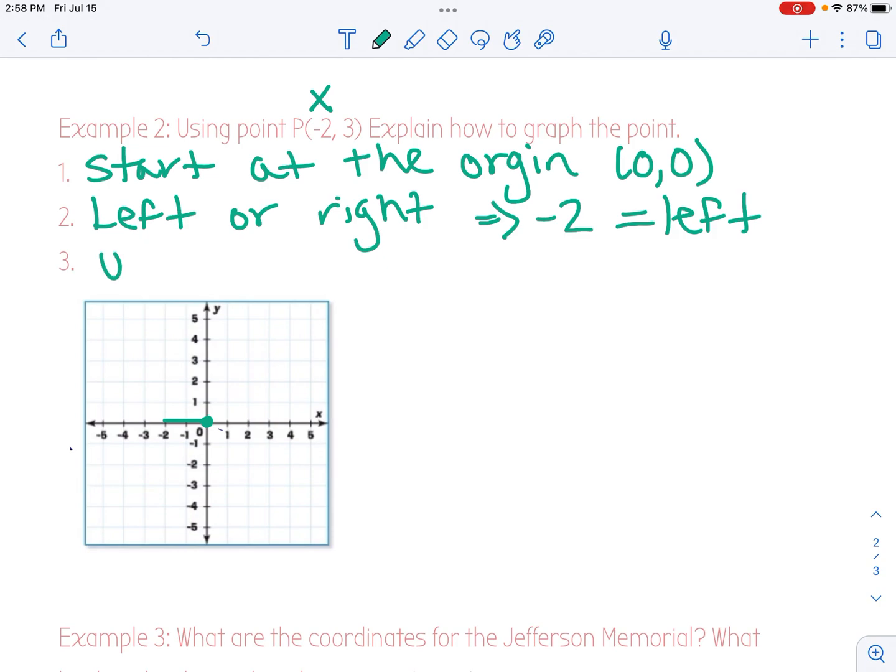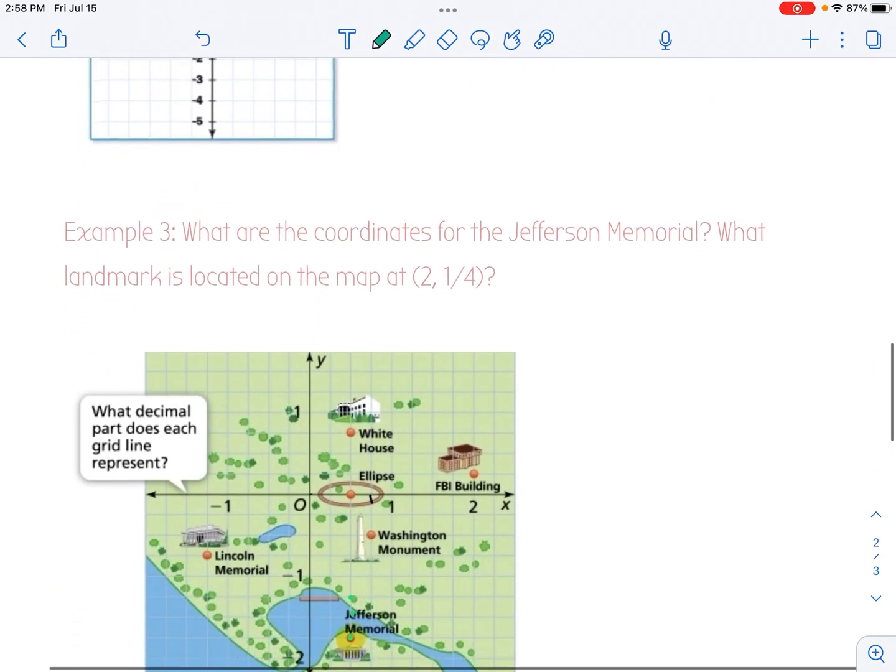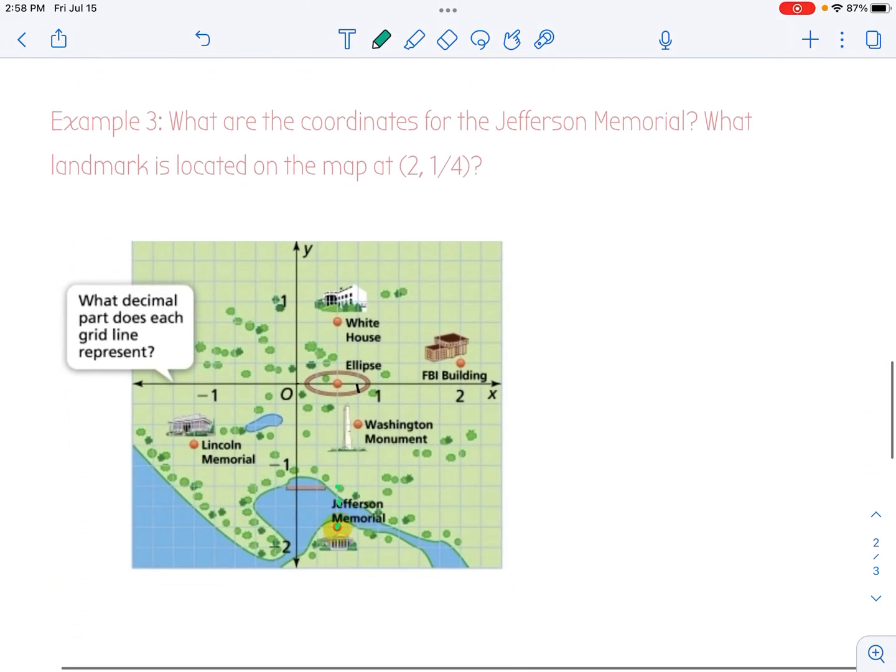So we're going to go over to the left 2 spaces. And our third step is going up or down. In this case, our y is positive 3, which means that we are going up. So 1, 2, 3. This is where P is. You can erase the lines that helped you get to that point, and then we're going to label this as being in quadrant 2.